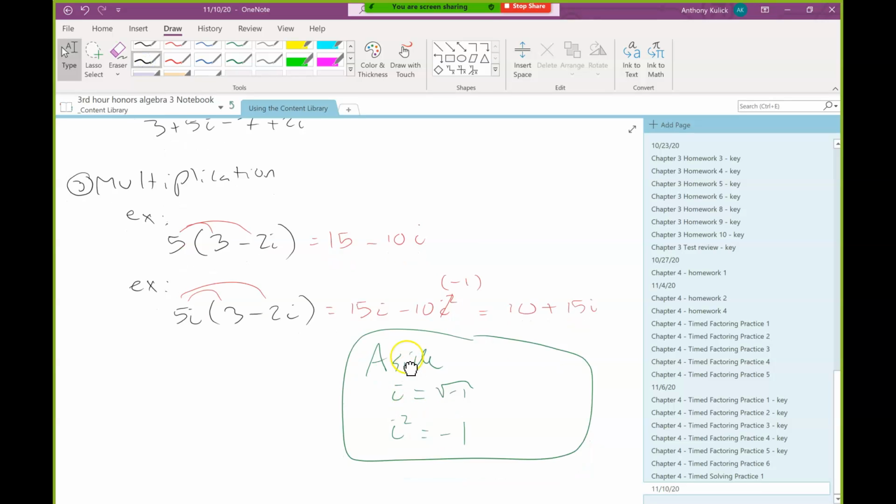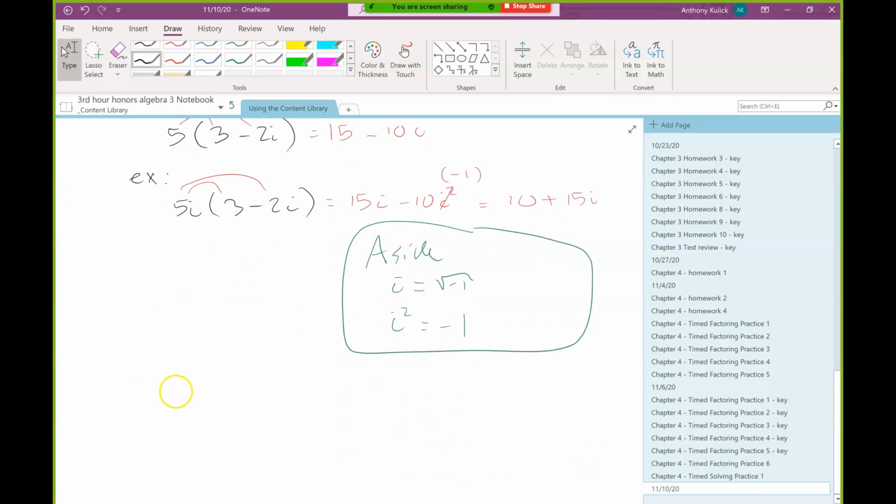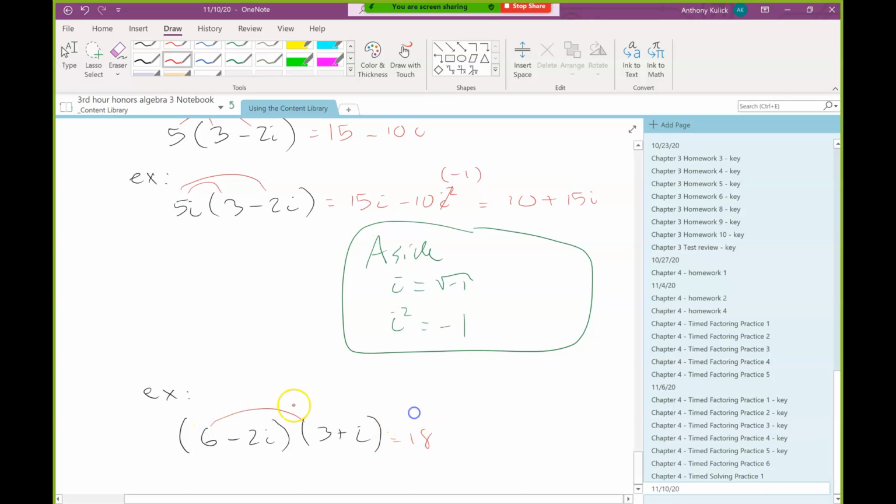What if I have 6 minus 2i times 3 plus i? What do you suppose I should do here? FOIL. Yeah, exactly right. I get 18, 6i... whoa, minus 6i. Didn't mean for this to happen. That's okay, though. Minus 2i squared.